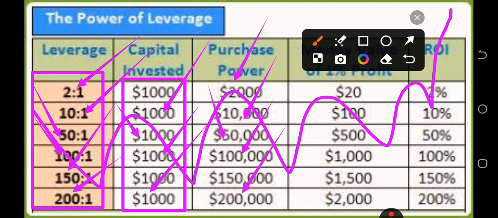What will be the value of your unit of currency, or what will be the value if the market moves 20 pips in your favor? Let's say you open a position of one standard lot. Remember how many dollars per pip is a standard lot?